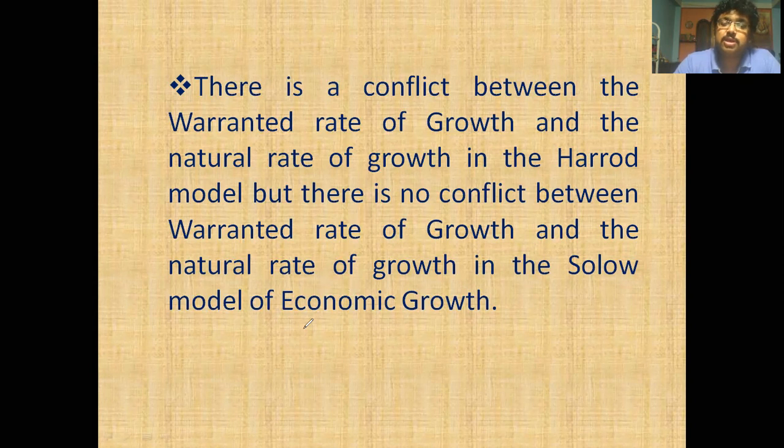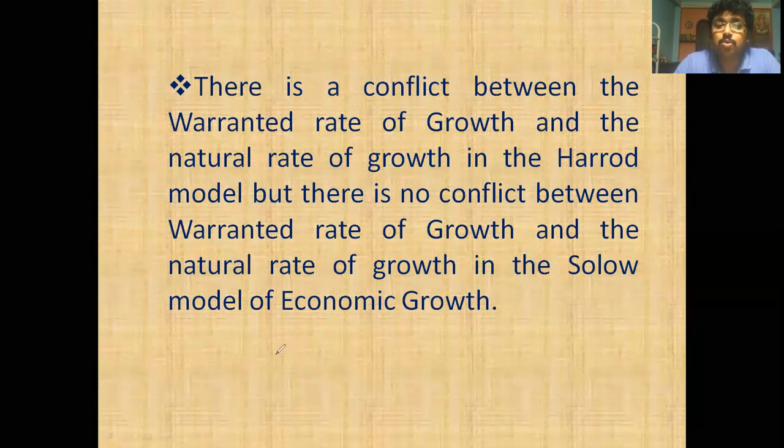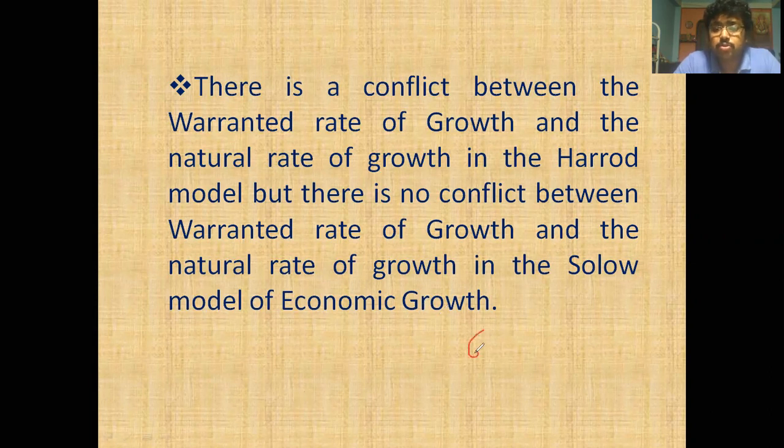If it is equal to the natural rate of growth, then the economy is growing at a full employment rate or at a constant rate of unemployment. But when GW is less than the natural rate of growth, GN, then what will happen?